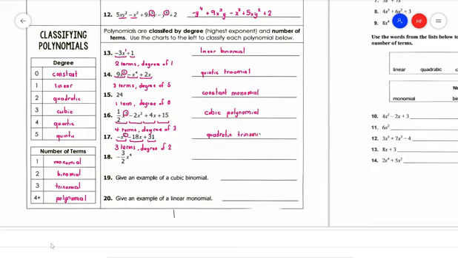So we have a quadratic trinomial. 18, we have 1 term. And my degree is 4. Degree of 4 means it is quartic. And 1 term is monomial.